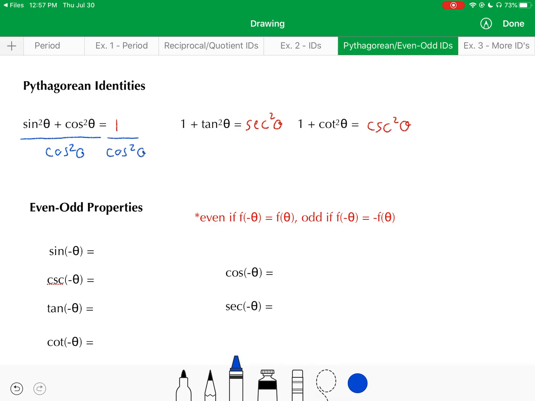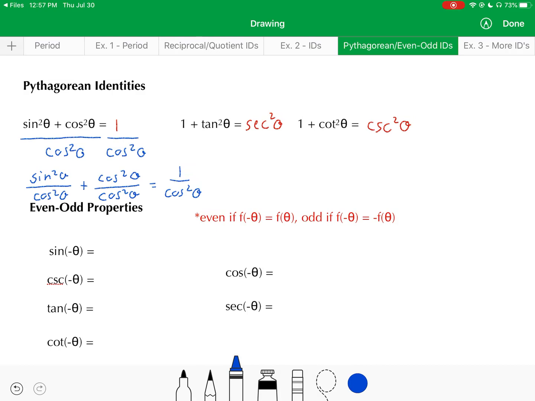Okay, what that's going to lead me to is sine squared of theta over cosine squared of theta plus cosine squared of theta over itself equals 1 over cosine squared of theta. Okay, and then simplify that.